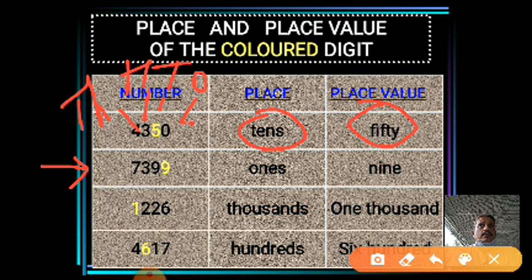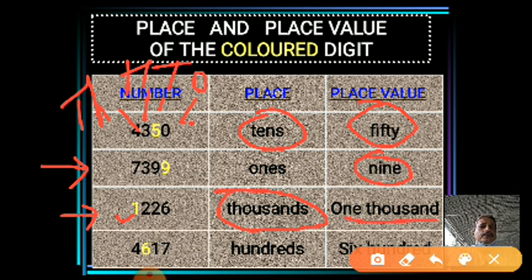So ones means multiply with 1. 9 ones are 9. In the same way, in the third example, the yellow colored digit is in the 1000 place. It is showing 1000, but what is the number? 1. So there is 1000. If it were a 4, then 4000.